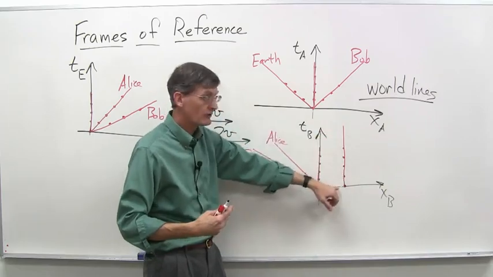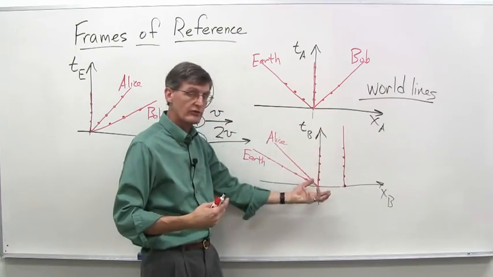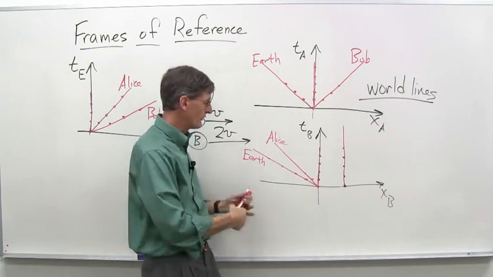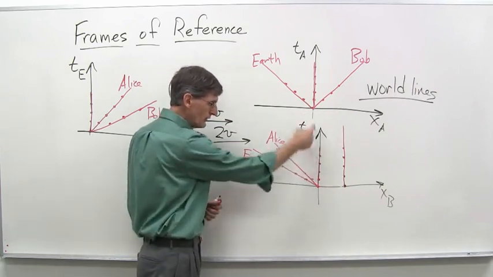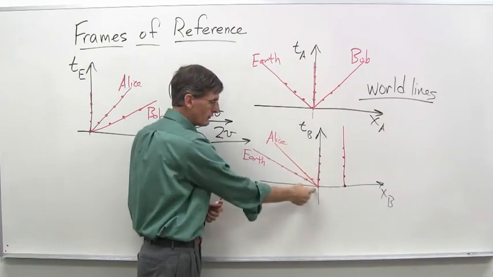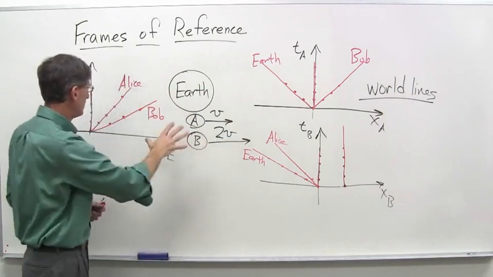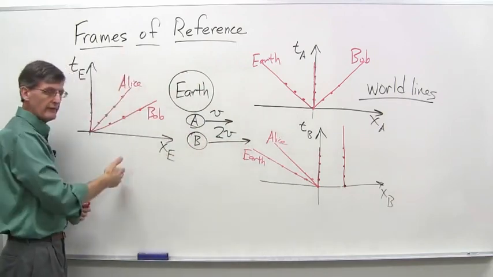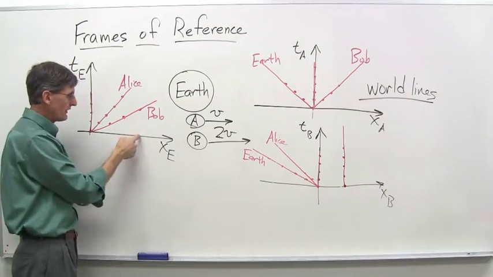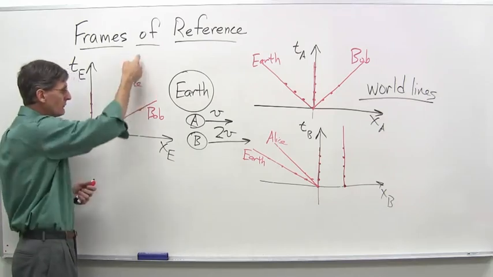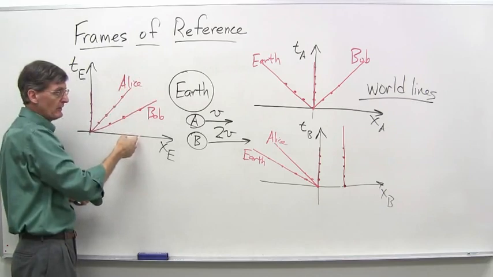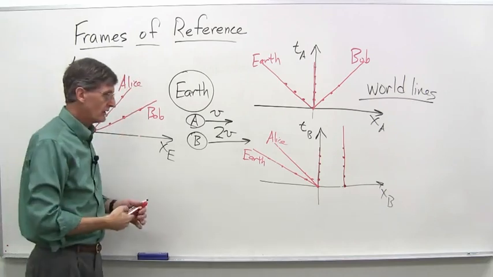So a vertical line represents something that just stays in the same place in that frame of reference, just like Bob in the cockpit staying in the same place at the 0 mark. Maybe this is the 10-meter mark. Same thing for any of these other things. We could draw a vertical line, and that represents an object sitting at that location that is not moving in that frame of reference. But of course, in another frame of reference, it is going to be moving.